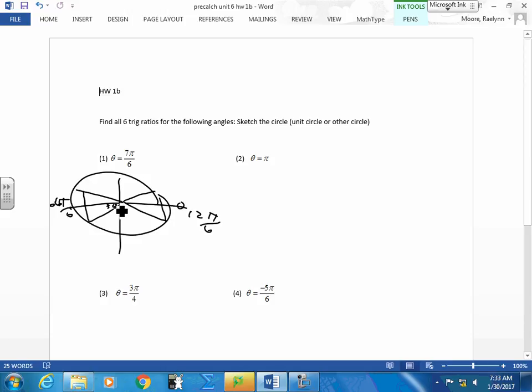So on the unit circle, if you did 1, 2, radical 3, you're going to divide everybody by 2. So this is going to be 1/2, radical 3 over 2, 1. And in this quadrant, both of these are negative, and your radius is always positive.